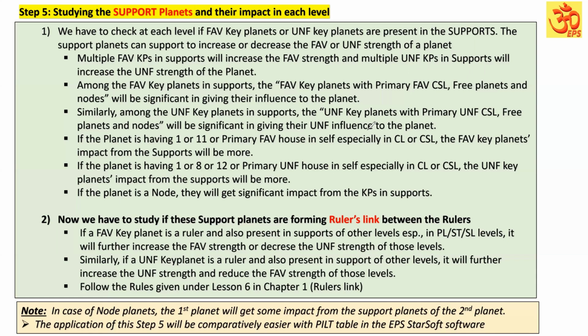If a planet is having an unfavorable key planet in its supports, it will try to increase the unfavorable strength. Multiple favorable key planets in supports will increase the favorable strength, and multiple unfavorable key planets will increase the unfavorable strength of the planet. I think we will understand.